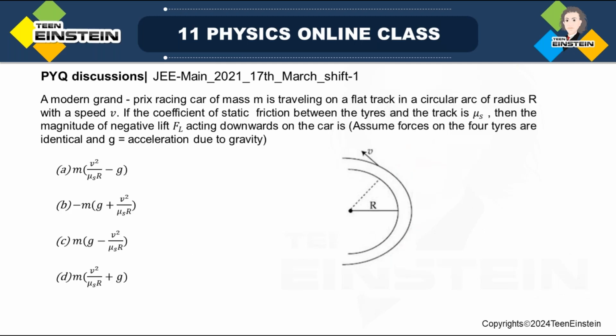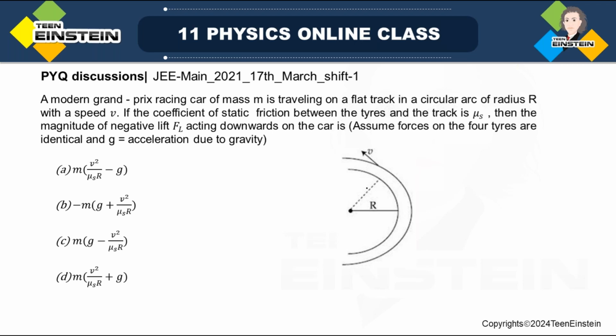This is also a very interesting problem. This is actually the motion of a car on a flat surface, a flat road or plain road, where there will be friction between the tire and the floor, and you have to take a turn. Say a modern Grand Prix racing car of mass M is traveling on a flat track in a circular arc of radius r.